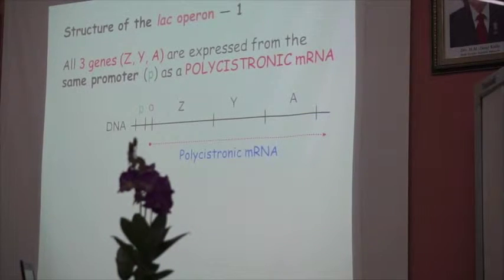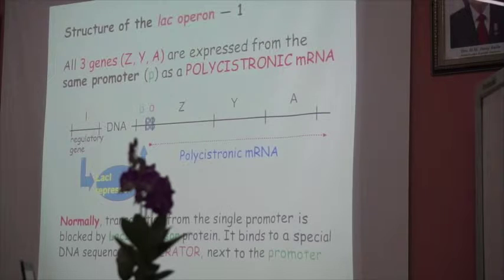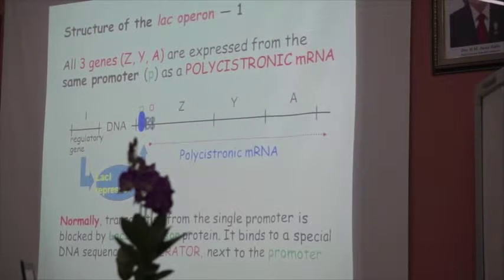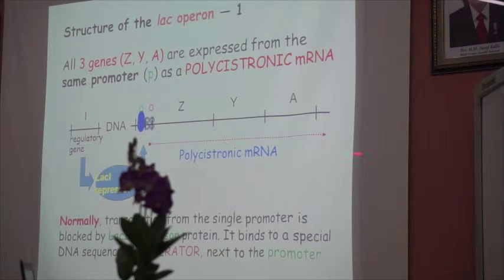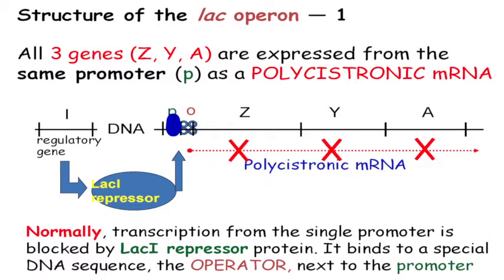I think the other explanation is like this. The regulatory gene, the lac repressor, will be expressed and come to the operator sequence. What happens? This is the RNA polymerase; it will be stuck in this position and cannot proceed to transcription of the lac operon. So there is no transcription when the cell does not contain lactose as the inducer.